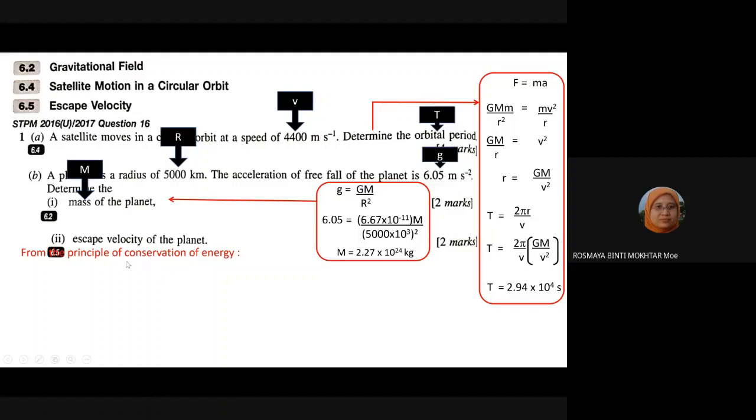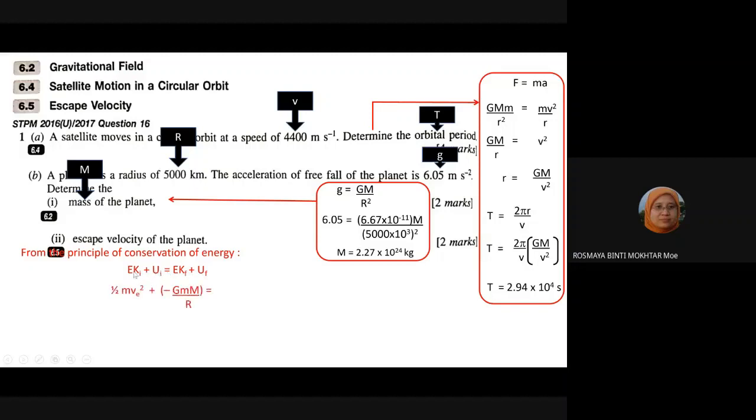Actually the escape velocity comes from the principle of conservation of energy. So you use total energy here. Actually this step is not needed because the marks given here are 2 marks only. So I just repeat from the beginning so that you can do it if it comes out in an essay question. Total initial energy equals total final energy. The energy involved is only kinetic energy and potential energy.